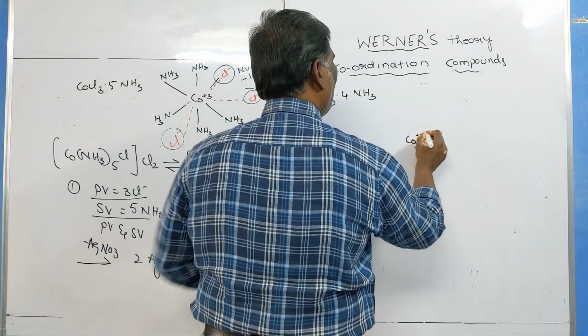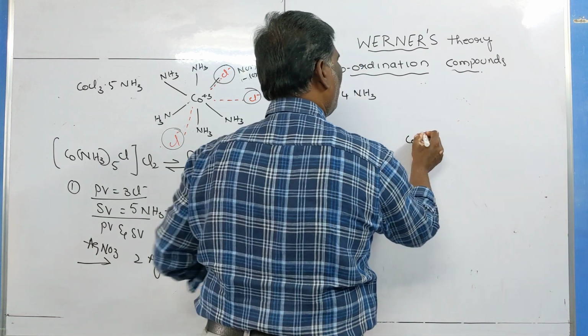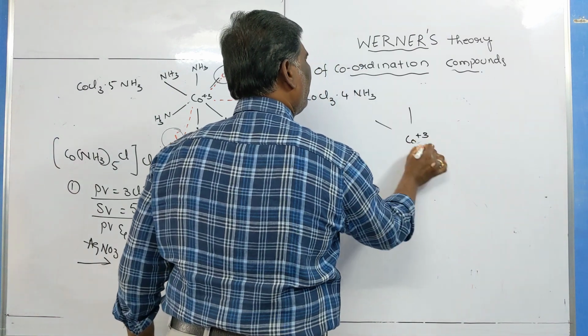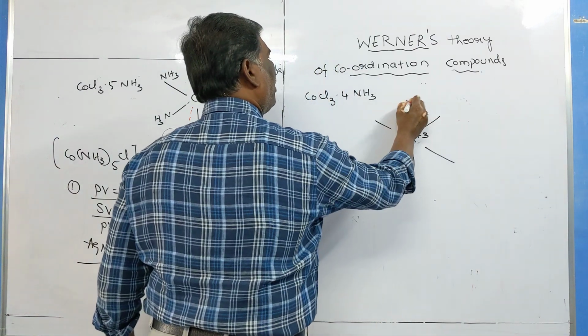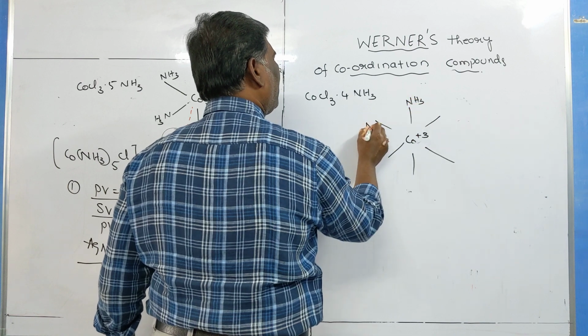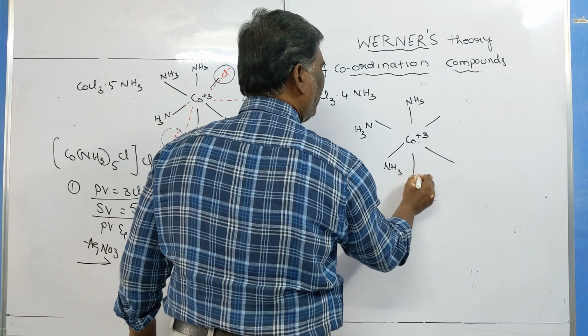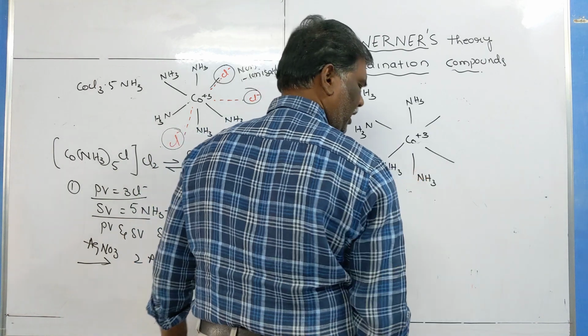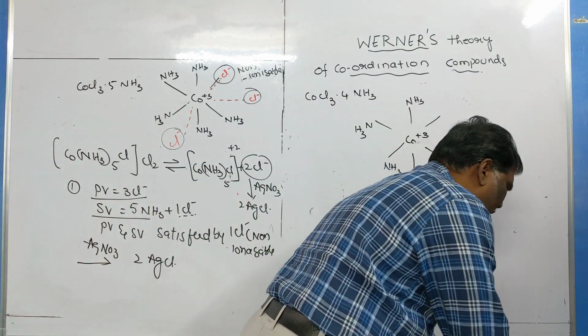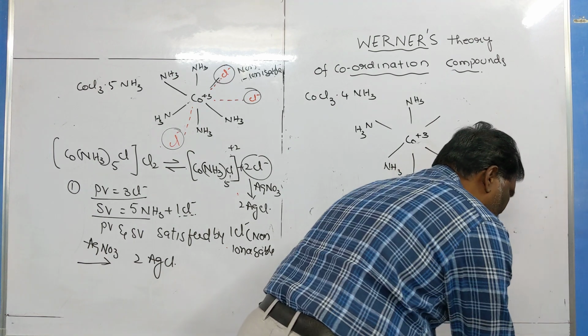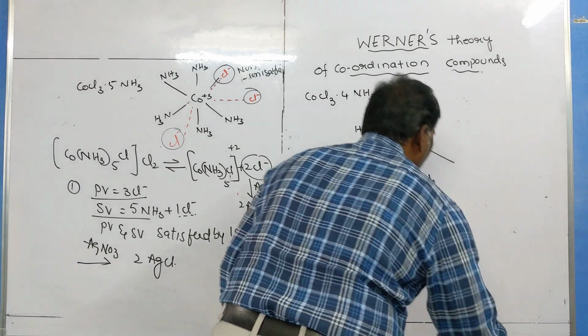Now this is a cobalt ion surrounded by 6 ligands. Here is ammonia, and here is ammonia. Now there are chloride ions. How many chlorides?